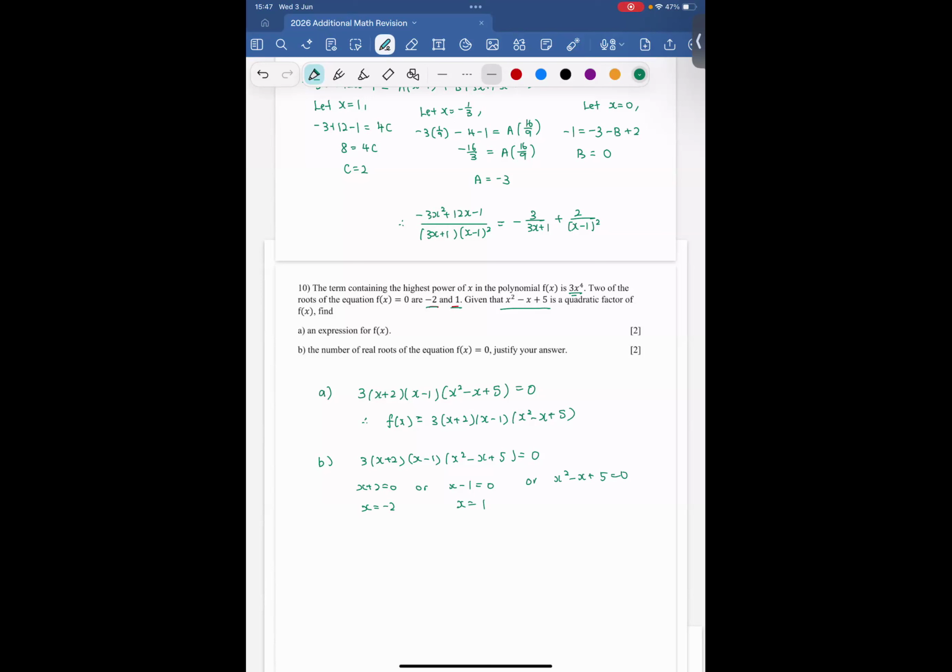So the only thing that we need to check is how many solutions this x^2 - x + 5 has. And how do we check how many solutions this thing has? We check your b^2 - 4ac. You get negative 19. So since b^2 - 4ac is less than 0, there are no real roots.